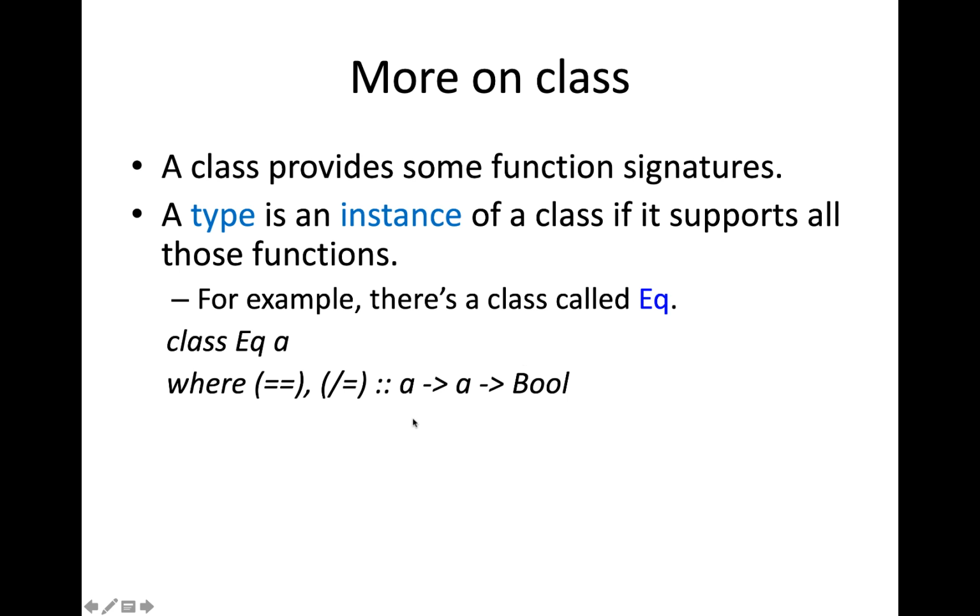All right, so two things are input, and we are going to compare them, and Bool is the output of this equal and not equal function, right? So Eq is a class where these two operations are allowed.